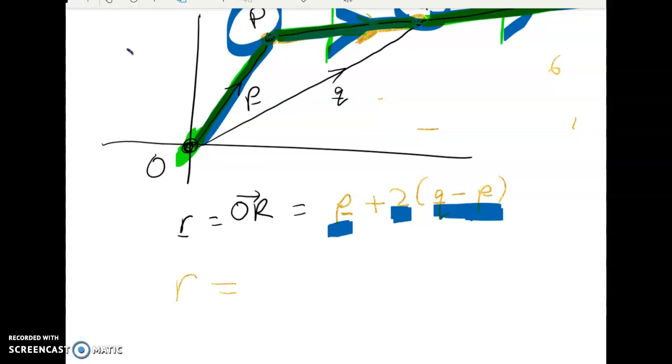Well, that lets me write R as P plus 2Q minus 2P, and we can clean that up and we get R is equal to 2Q minus P, and that's my 3 marks.